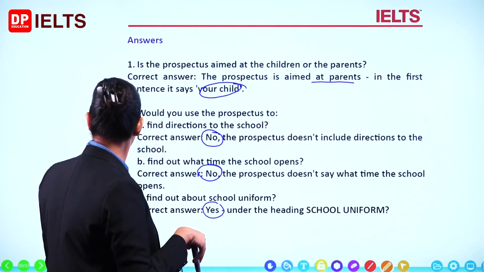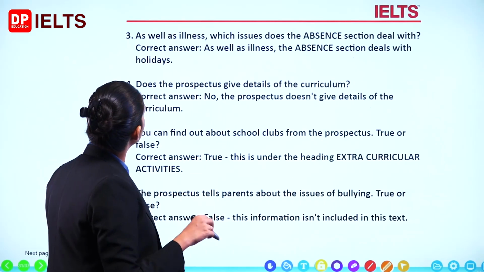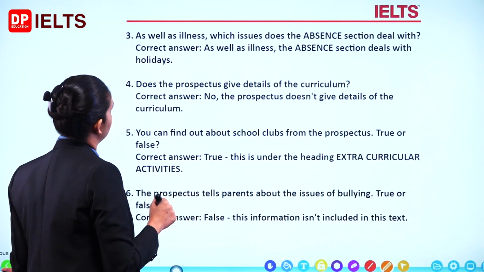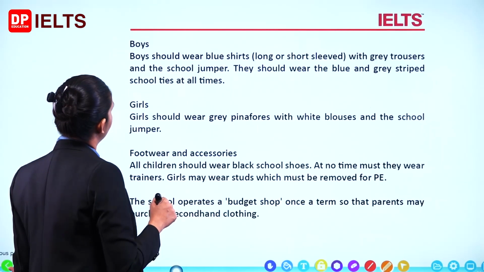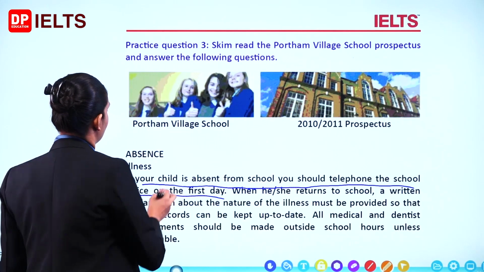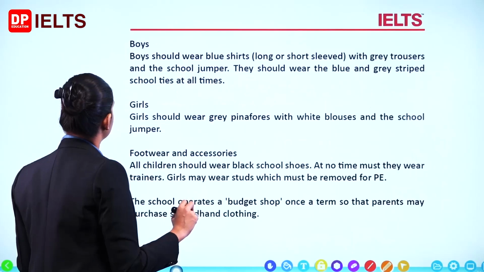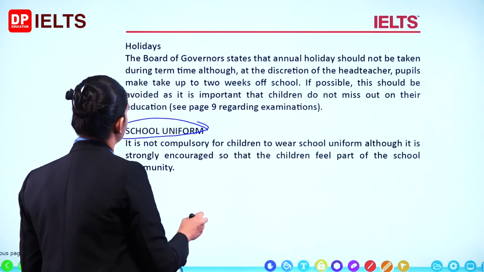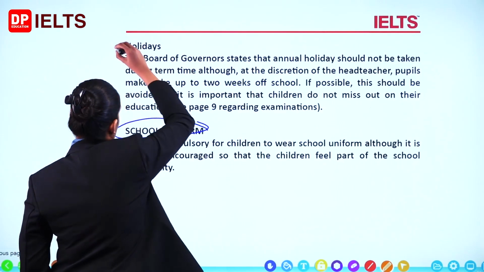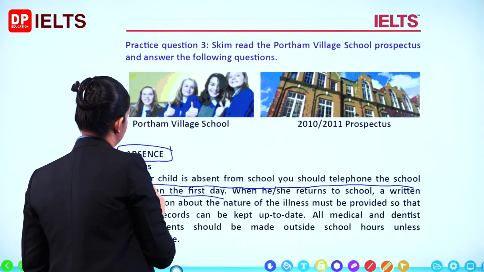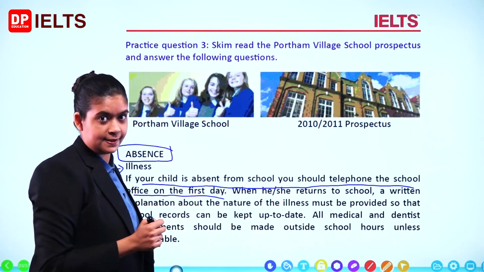They did have one. Next one: as well as illness, which one does the absence section deal with? If you go to the first bit, you have ABSENCE in capital letters, and then you have SCHOOL UNIFORM, everything in capitals. But you have holidays and illness in simple letters, right?